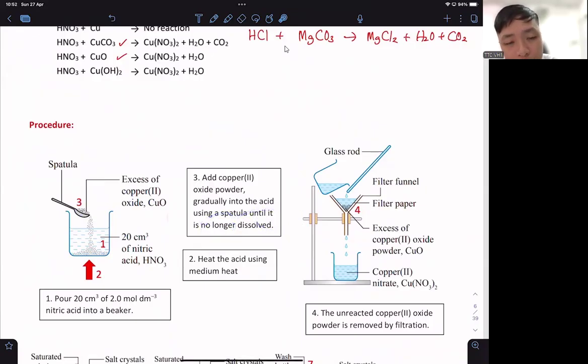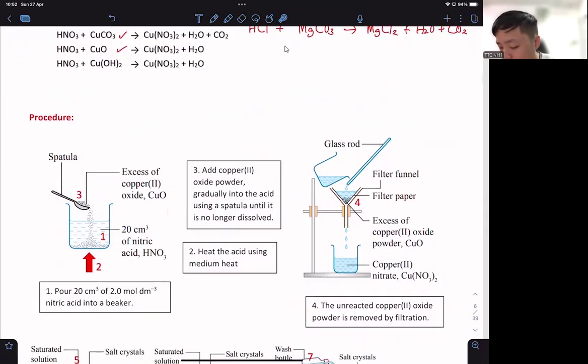No longer dissolving means all the acid has been used up, 100% reacted with the solid. If there is no more acid inside, then you get extra salt, excess copper 2 oxide, which you don't want.